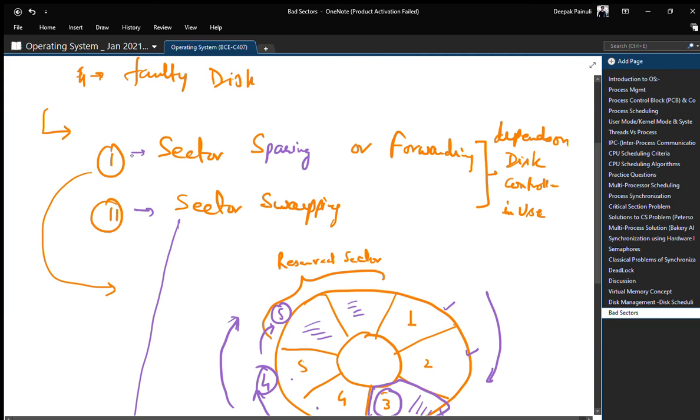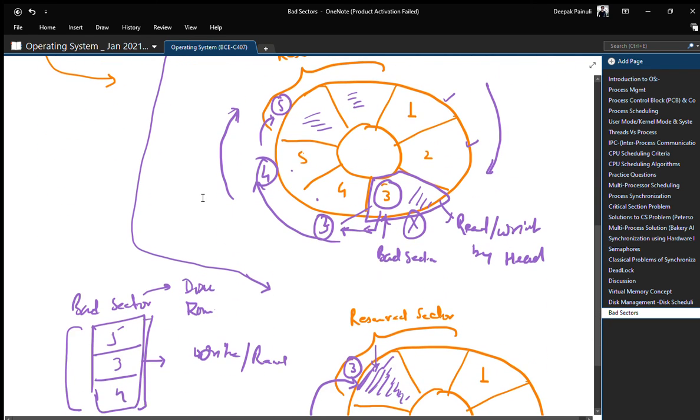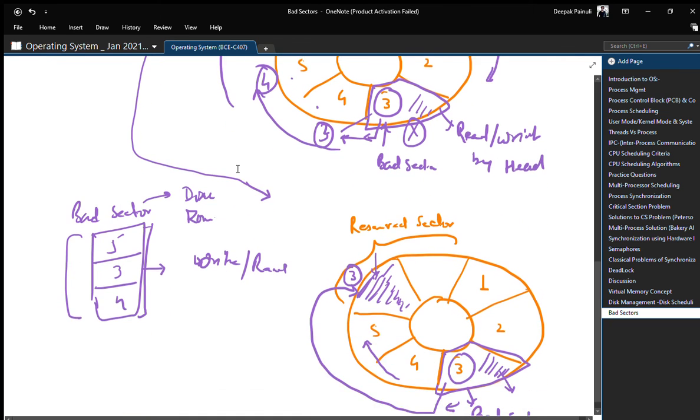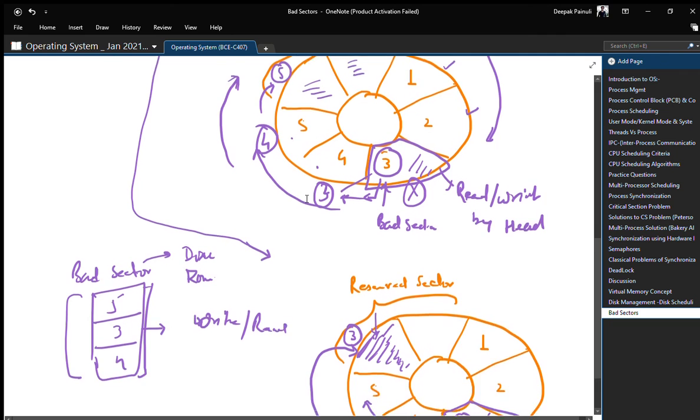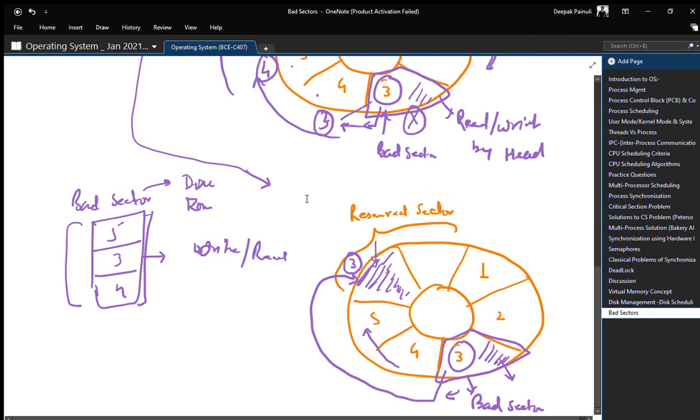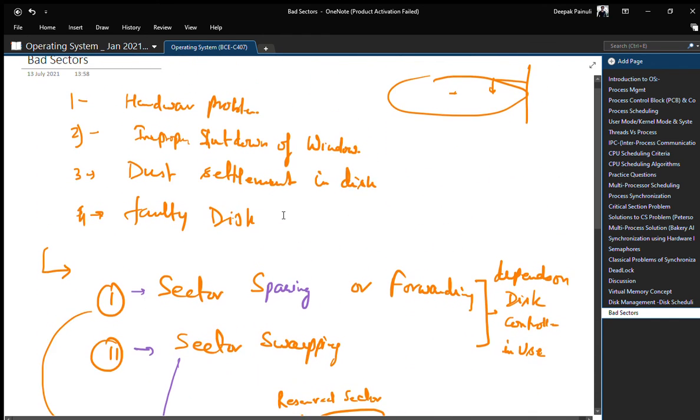Otherwise it will use sector swapping. These are the two basic methods we have for managing our bad sectors, right? But if your disk is newly made and has bad sectors, those will be defined in the bad sector list by the manufacturers only, right? So I think you understood it.